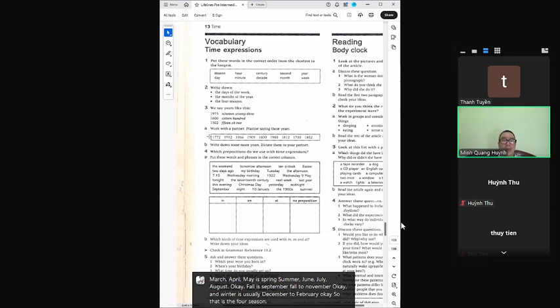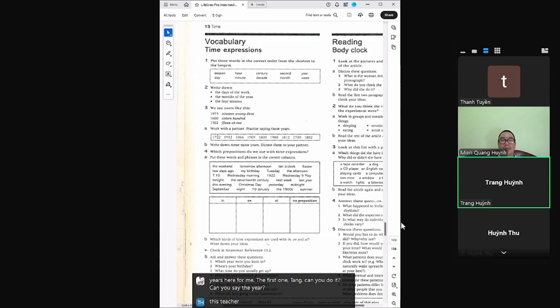Alright, and number 3, this is how we say the year. Can anyone read the years here for me? The first one, Chang, can you say the year? 1772. Okay, second one. 1912.